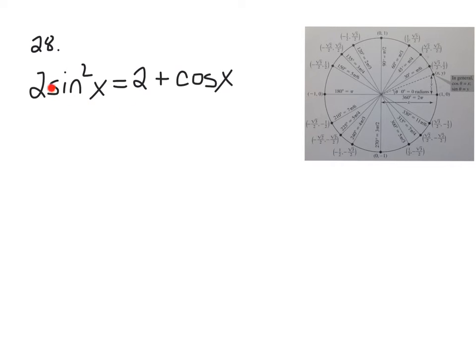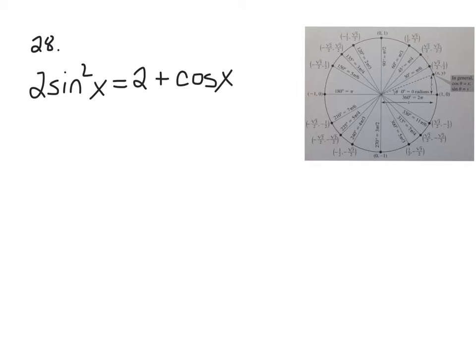And then I see that this also has a 2 and a 2, so this is going to be able to be manipulated a little bit. Now, that's just experience, and you've got to try some things out. But that's what I think of: sine squared plus cosine squared equals 1.